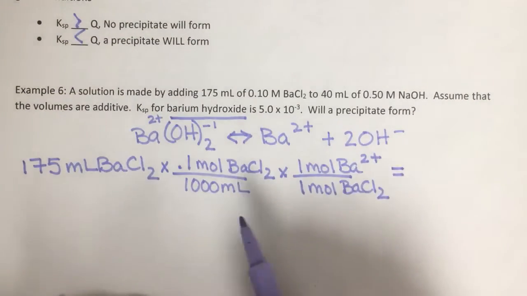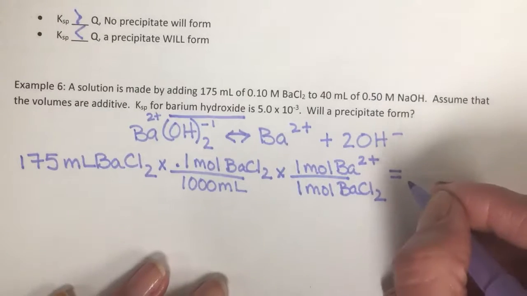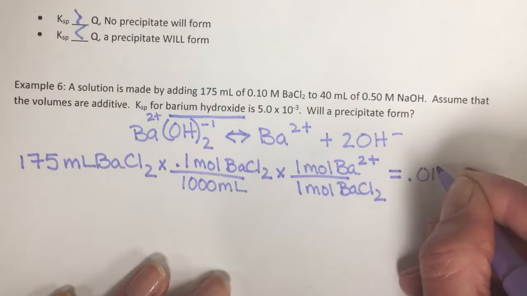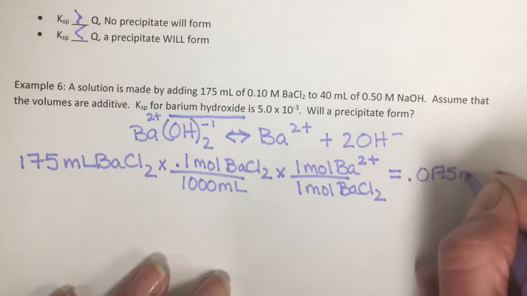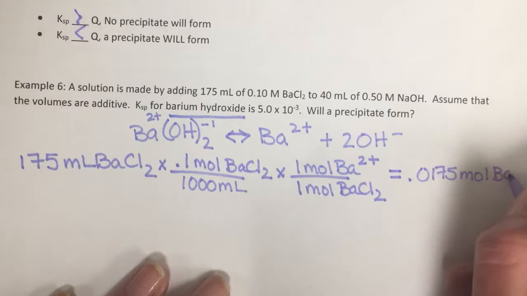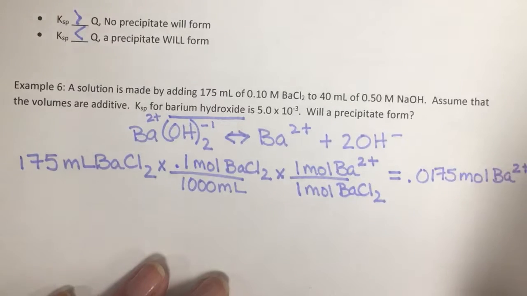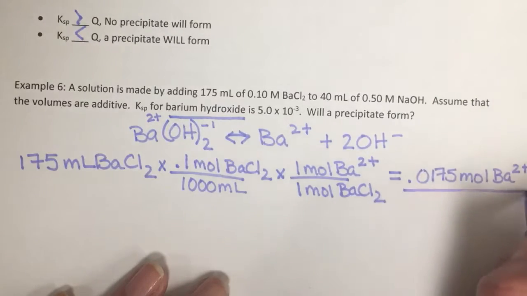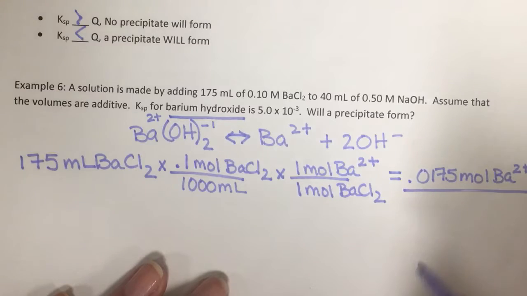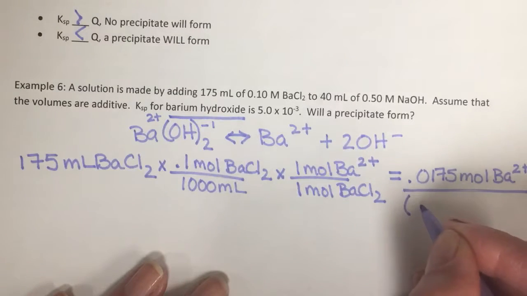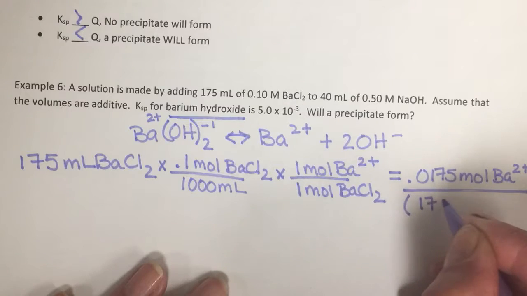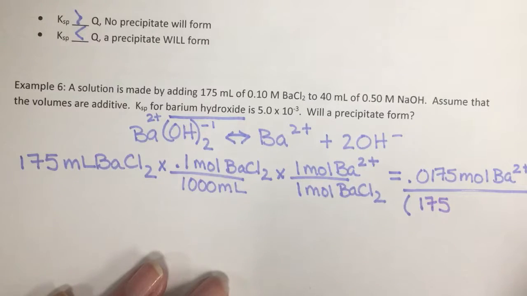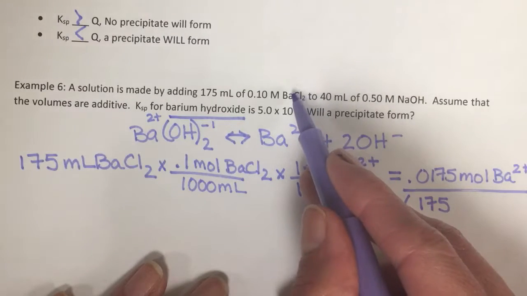So don't forget your last step, okay? If I plug this into my calculator, I get 0.0175 moles of Ba2 plus. Now remember, I want the concentration in my entire solution. It tells me that volumes are additive. So I started with 175 milliliters of BaCl2.